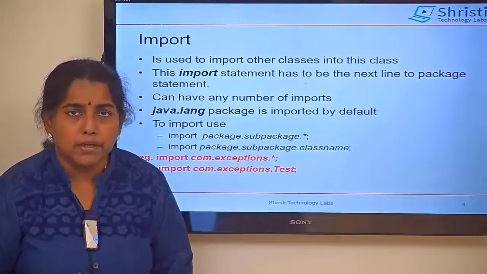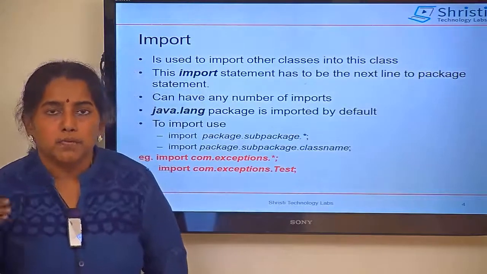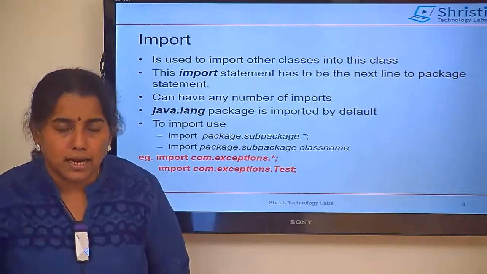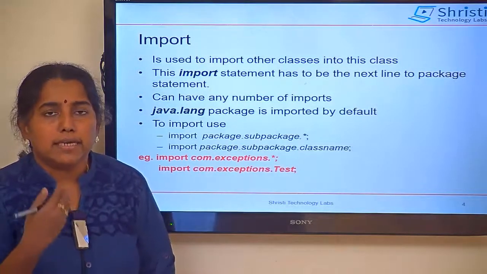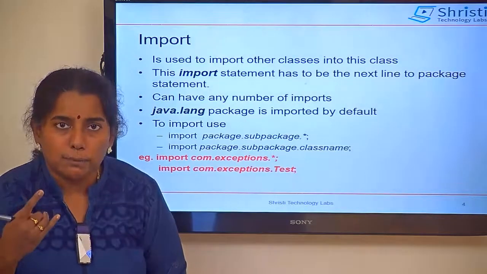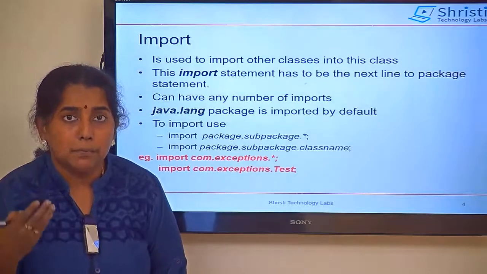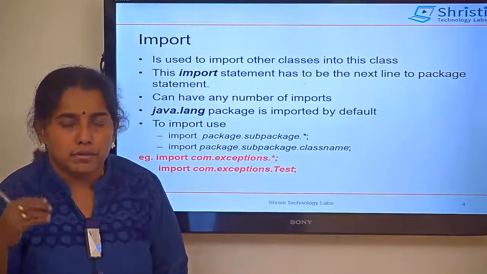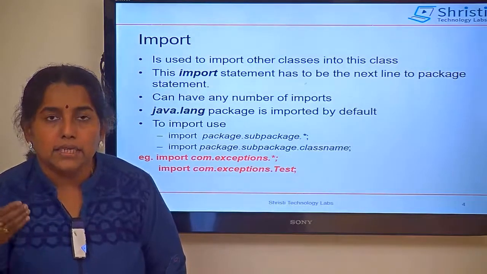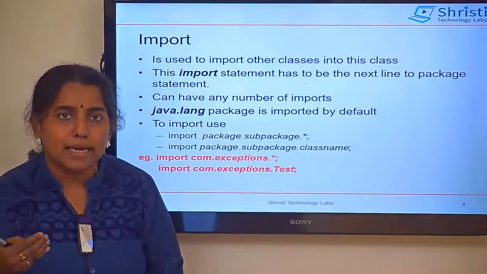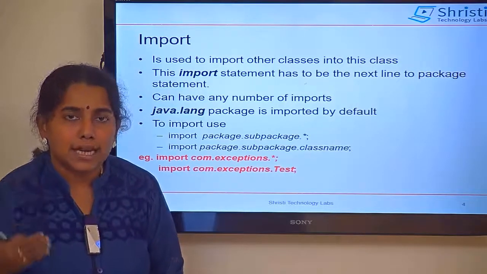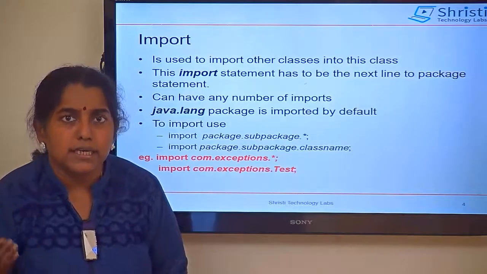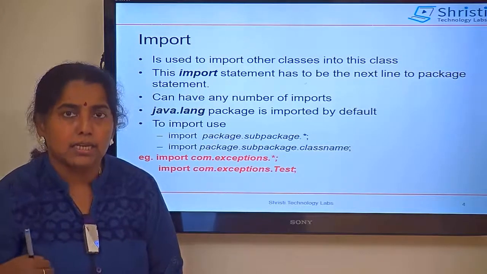Next is import. What is the use of import? If you want to import classes from other package into the current package, you go for import. A class can have only one package statement but multiple import statements. When you talk about the Java API, java.lang is a package which is imported automatically. So all the classes in the java.lang package are imported to the current class.